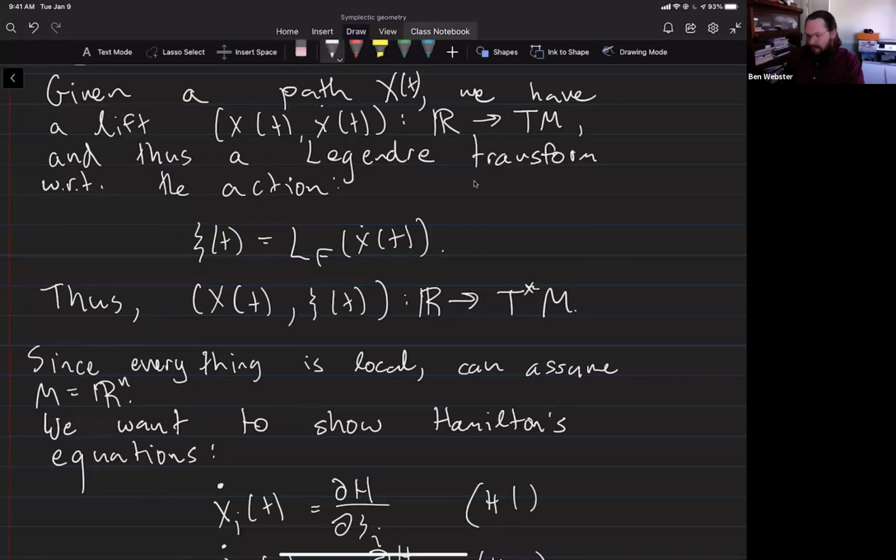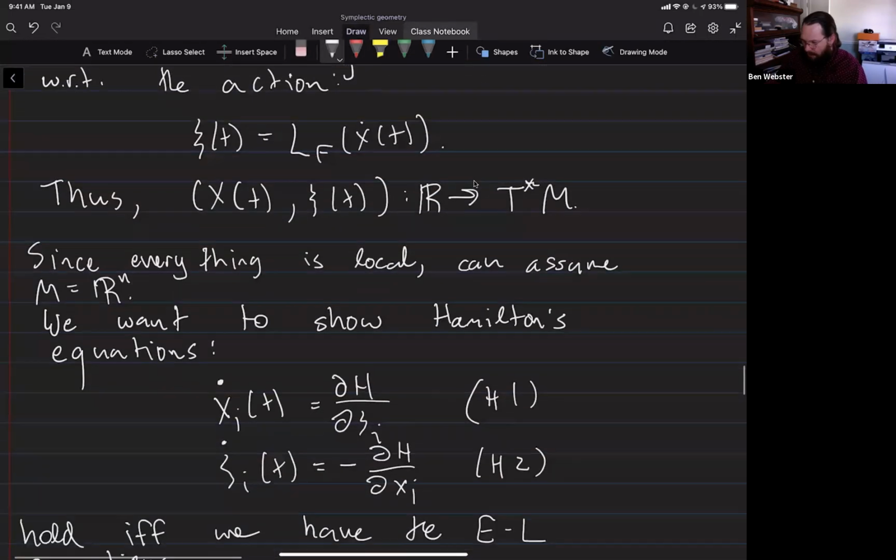So that gives me a path landing in the tangent bundle, and I can take its image under this fiber-wise Legendre transform, and I get a path in the cotangent bundle. And I want to compare what it means for that original path to satisfy the Euler-Lagrange equations and what it means for its Legendre transform to satisfy Hamilton's equations.